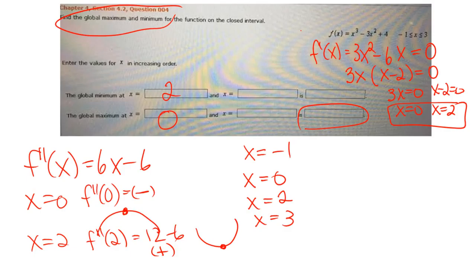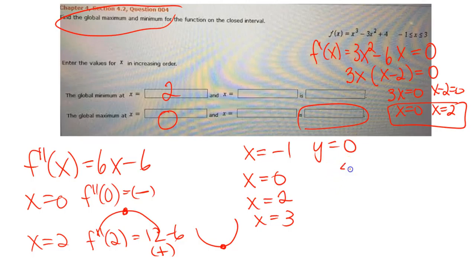I'm going to go to my y equals and graph the original function, x to the third minus 3x squared plus 4. I'm going to go to my table. I'm going to say start at 0 and do this. Okay. So at negative 1, y equals 0.